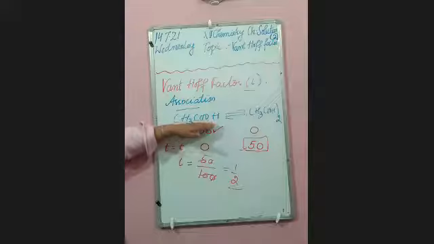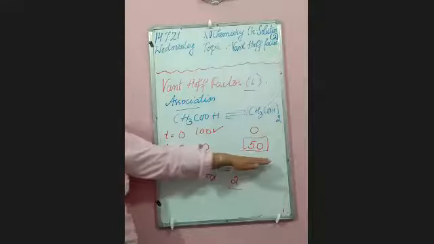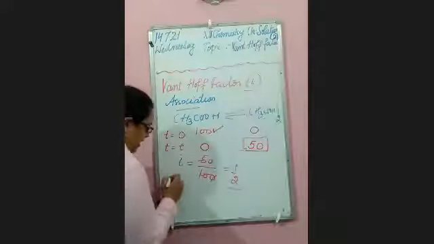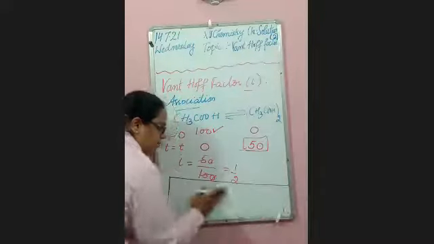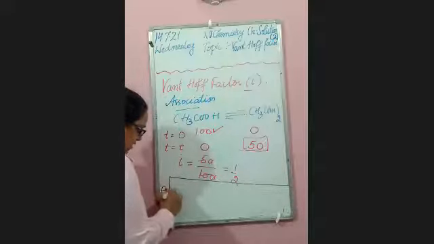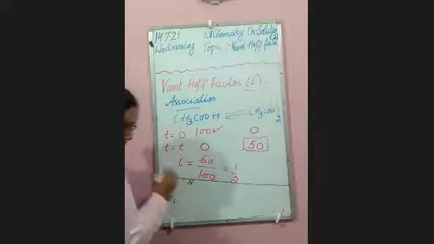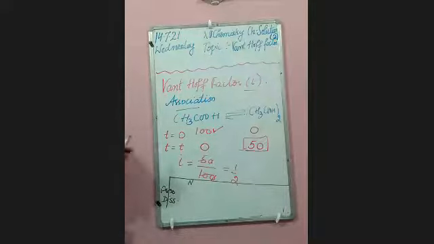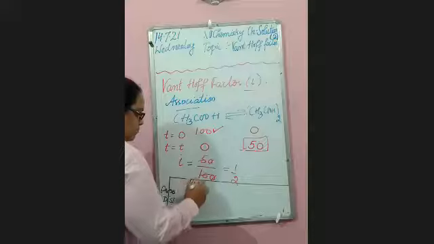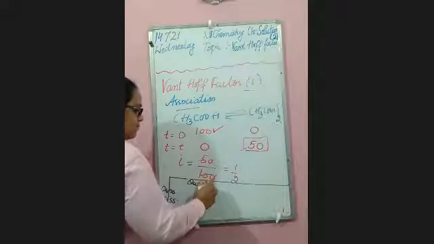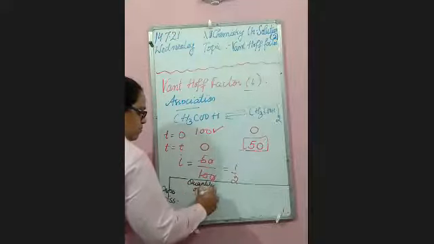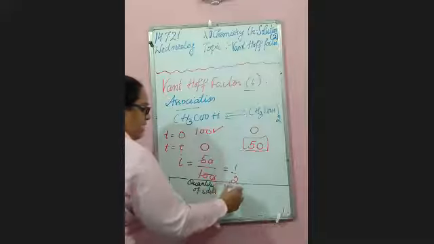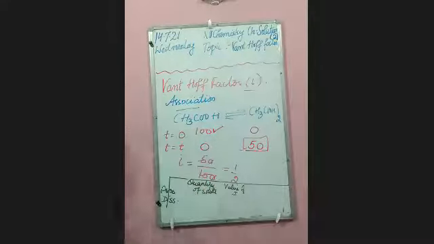We are taking 100 molecules and we are getting 50. If I make a table of association and dissociation, I will take quantity of solute, value of i, and colligative property.